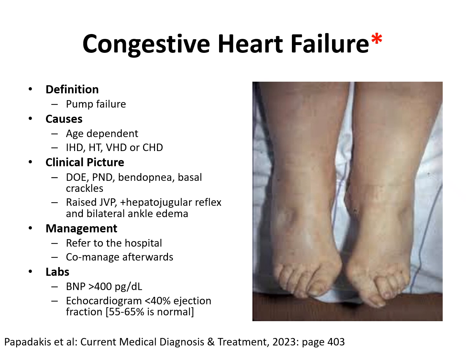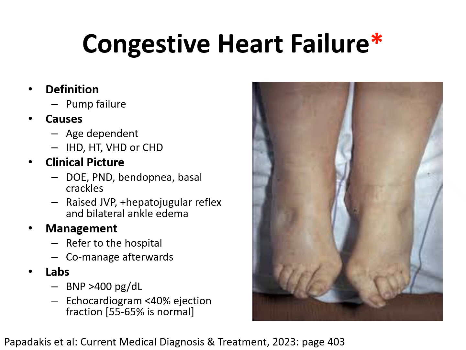Raised jugular venous pressure, a positive hepatojugular reflex, and bilateral ankle edema are features of right-sided heart failure. When they're combined, people tend to use the word congestive heart failure or biventricular failure. Remember, the commonest cause of right heart failure is left heart failure.